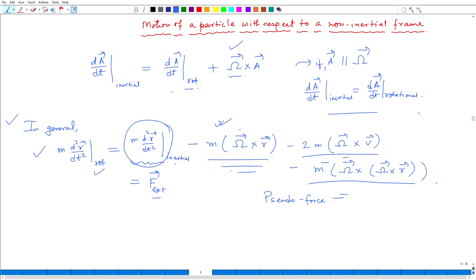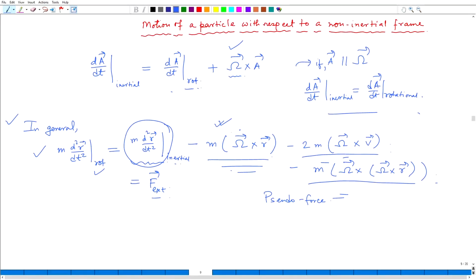If we consider the spin motion of the earth or the seasonal motion of the earth, in both cases you will see that omega is pretty constant, because the earth takes almost 365 days to make a complete rotation around the sun, and it takes 24 hours to make a complete rotation about its own spin axis. Since omega is almost constant, omega dot is not that important, but some effects can be revealed if you also take this term, which is known as the Euler force.